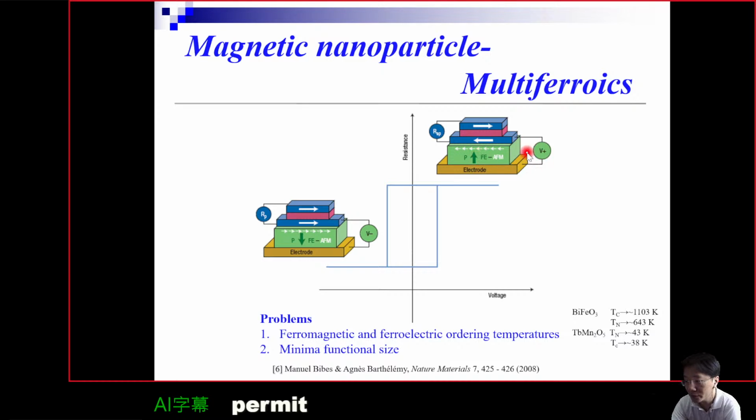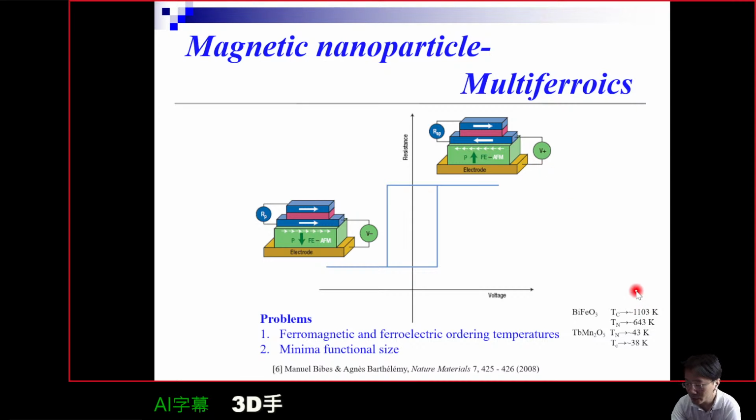So you need a very high voltage to reorient its moment. That means it will use a lot of electricity in writing and reading.